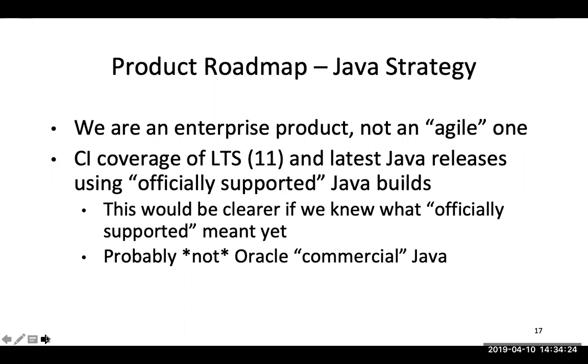Certainly we are seriously evaluating Red Hat as an option. That's primarily because Red Hat has up until now been the one that has taken over the OpenJDK releases and been responsible for doing backports for the versions that have gone out of support.